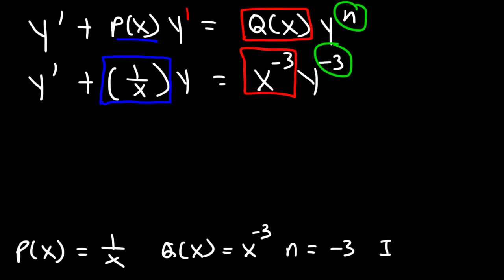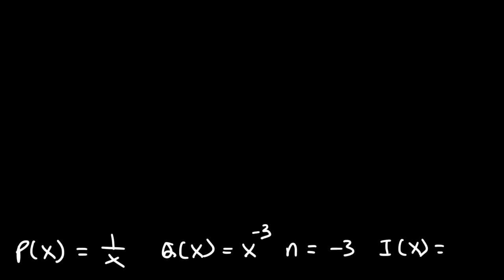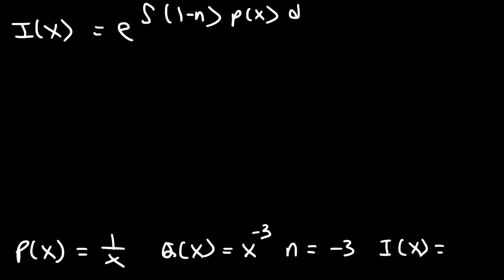Now we need to determine the integrating factor, I of x. So as always, I of x is going to be e to the integral of 1 minus n times p of x dx. So n is negative 3. This is 1 minus negative 3. And then p of x is 1 over x.